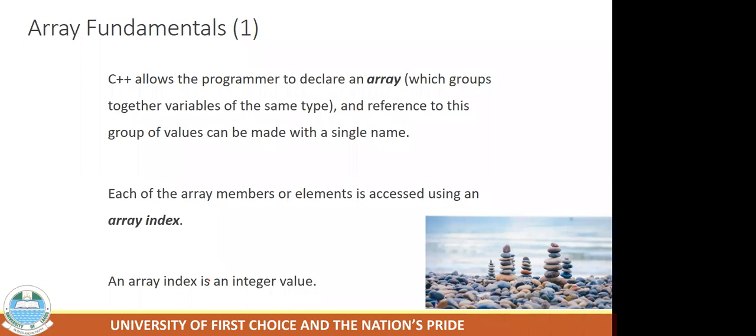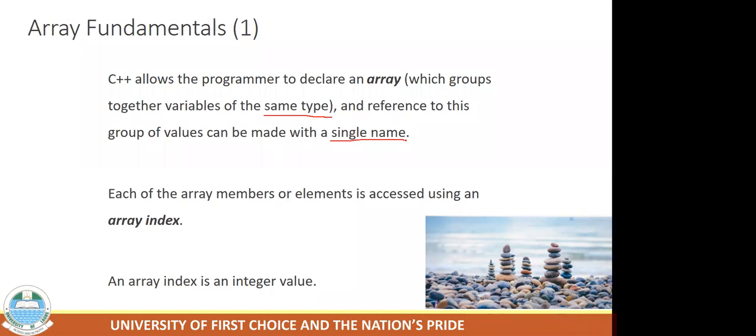So in this topic called array, C++ allows the programmer to declare an array, which groups together variables of the same type and refers to this group of values using a single name. So we can say an array is a group of variables of the same data type that are referenced using a single name.